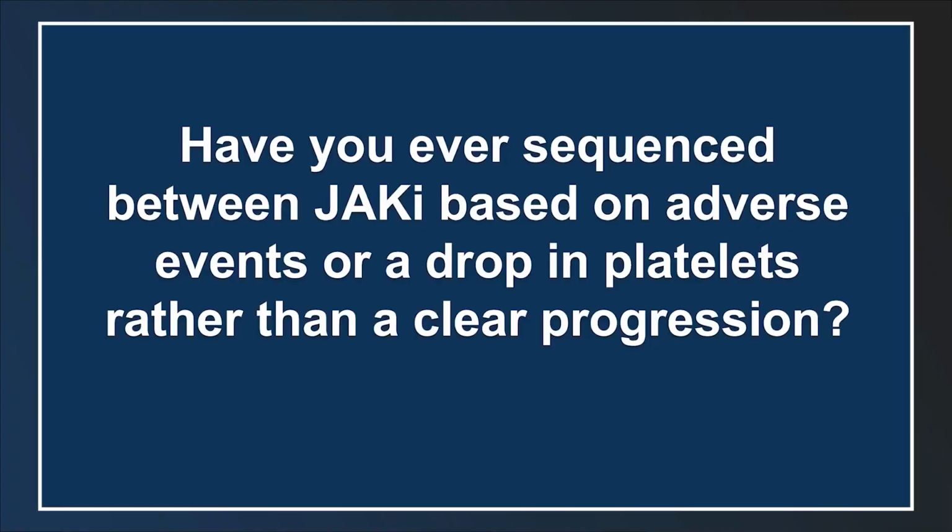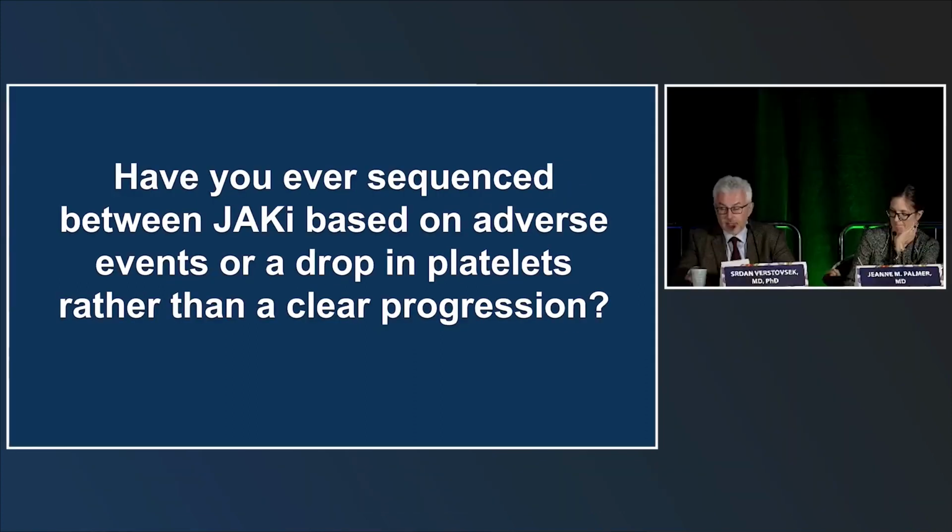So the question is, have you ever sequenced between JAK inhibitors based on adverse events or drops in platelets rather than strict progression? Well, the side effects would limit the dosing of the JAK inhibitor. Let's say anemia or thrombocytopenia happens with ruxolitinib, or a GI toxicity which may not be controlled well with supportive care medications may require dose adjustments of fedratinib.